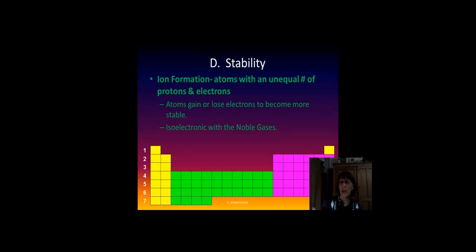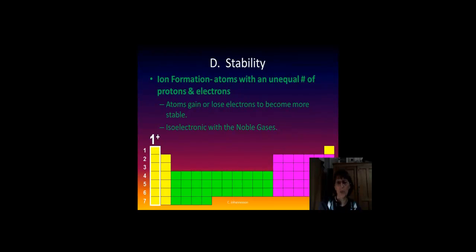Group 18, way over on the right, the noble gases, they all have a full outermost energy level, or this magic number of 8. For some reason, 8 electrons in the outermost energy level is stable. And so all of these other atoms are trying to reach that stability level by getting the same outer energy level as the noble gases.